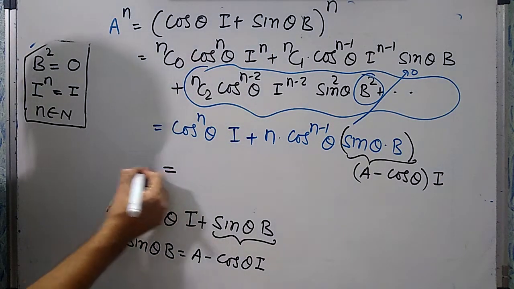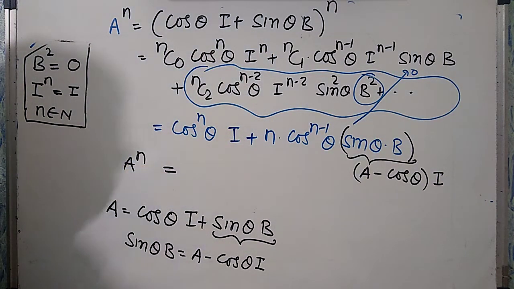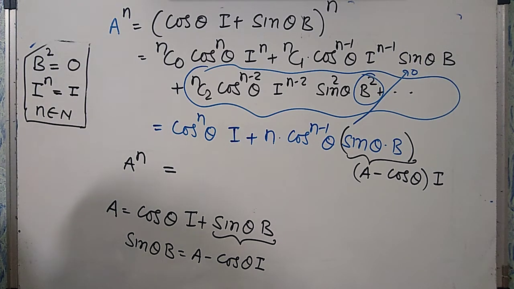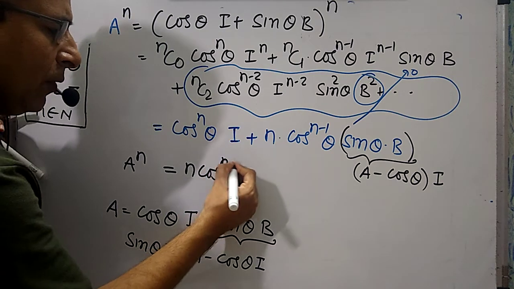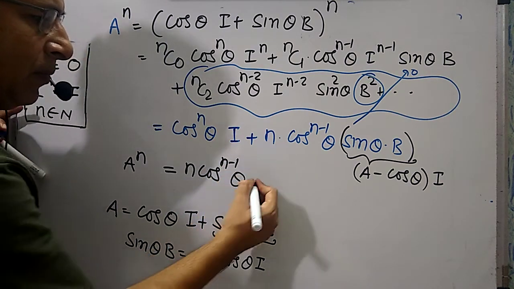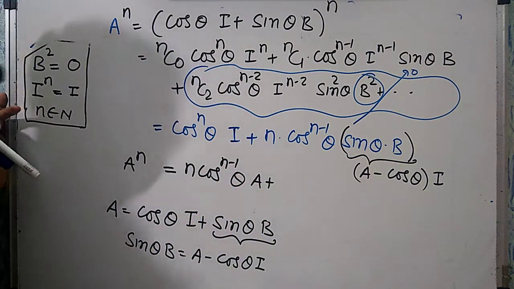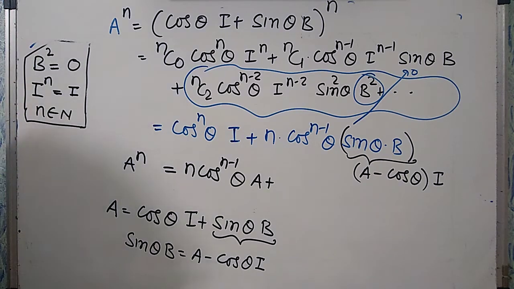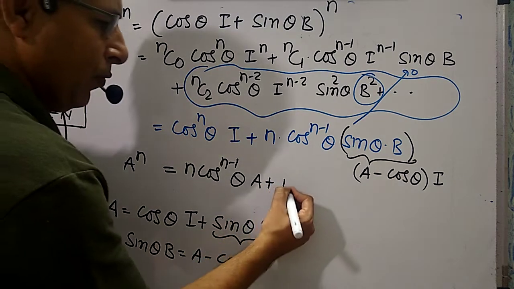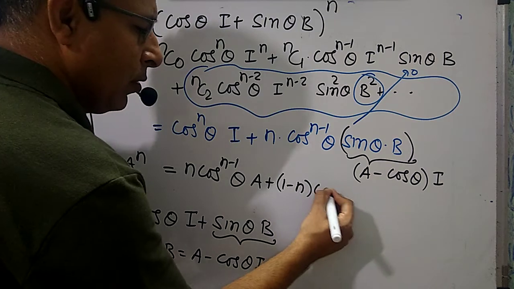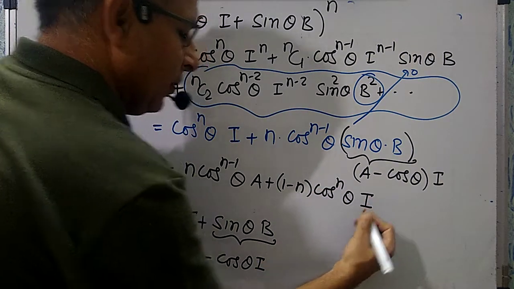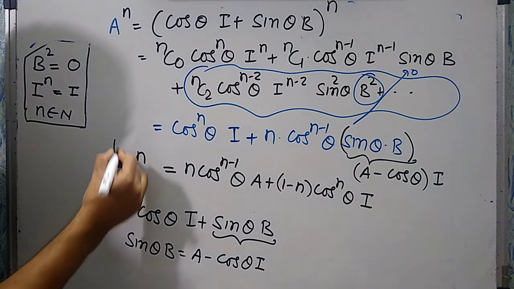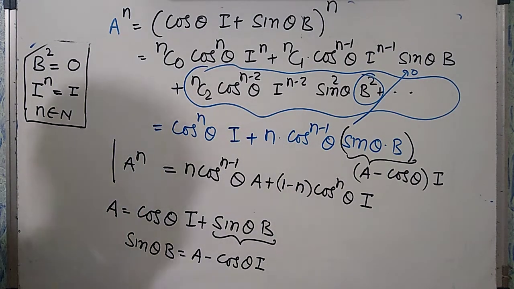So here we get A to the power n = n cos^(n-1) theta times A + (1 - n) times cos^n theta times I, and this is A to the power n.